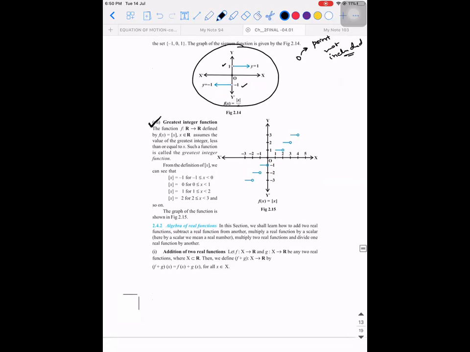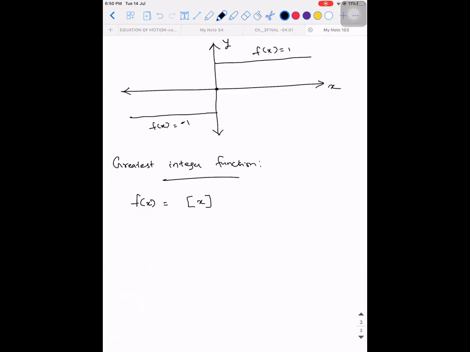the last type of function that you are going to see is the greatest integer function. If you see a square bracket like this with x in between, f of x is equal to the greatest integer of x, this is what we call the greatest integer function.